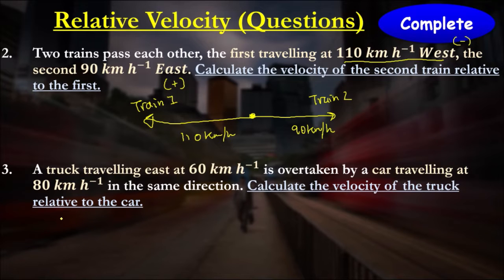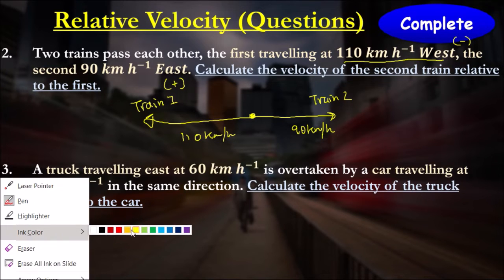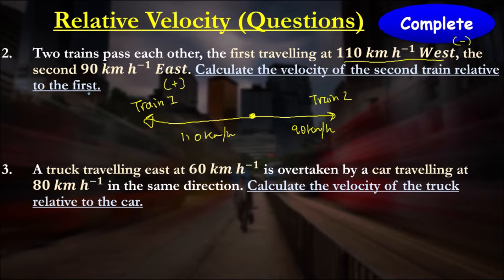So same thing as always, we need to work out what frame of reference we're basing this on. We want to look at the first train. So we're looking at the frame of reference of this fella up here. From train 1's perspective, if 1 hour has passed, if I add the vector arrows together, it would appear that train 2 has moved 190 kilometers away from it within that hour.